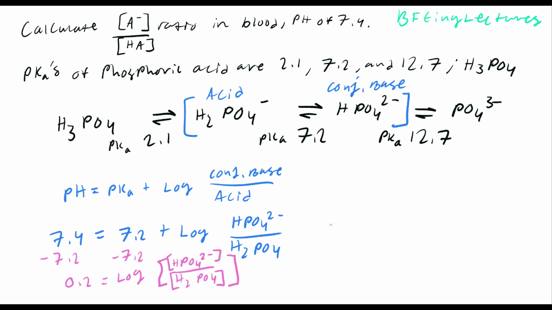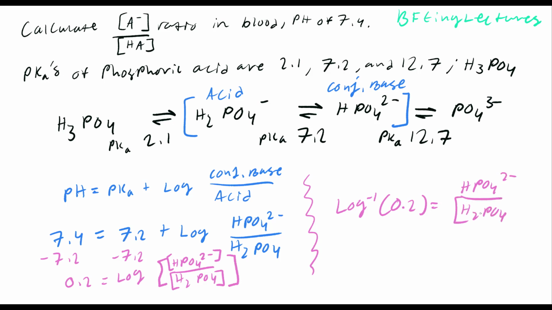So the way we solve for it is that we take the antilog. So it's basically log minus 1. There's a function on your calculator that does that, of 0.2, and that's equal to the ratio of HPO4 2 minus over H2PO4. Okay? So when you get that, you should have 1.6 is equal to the ratio.